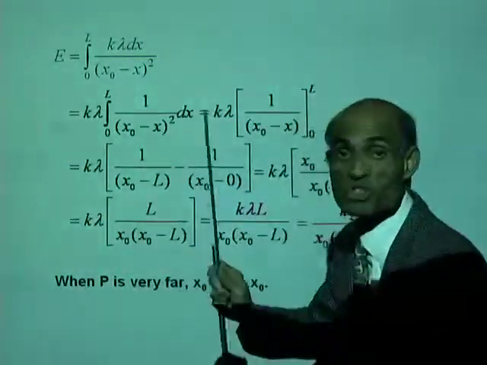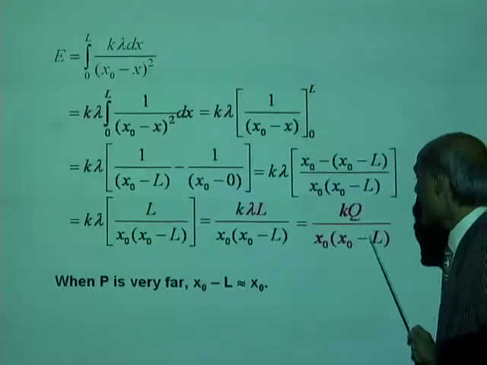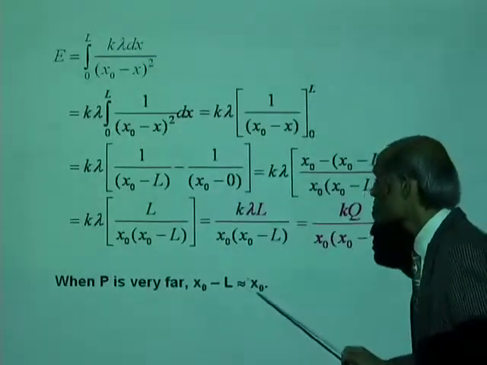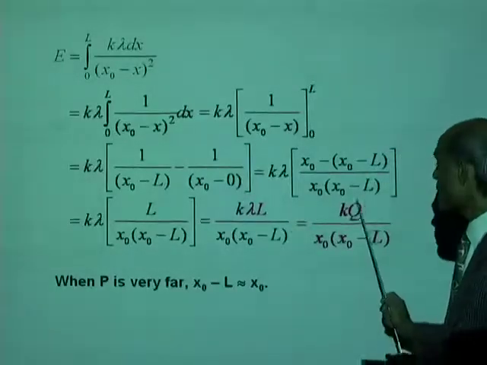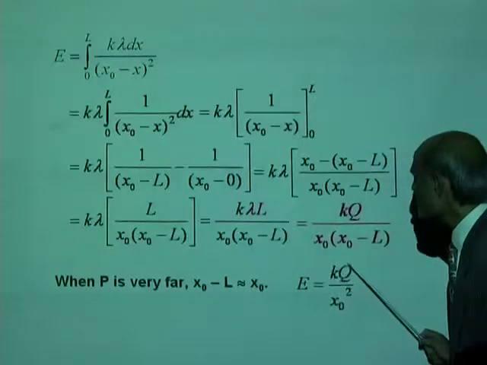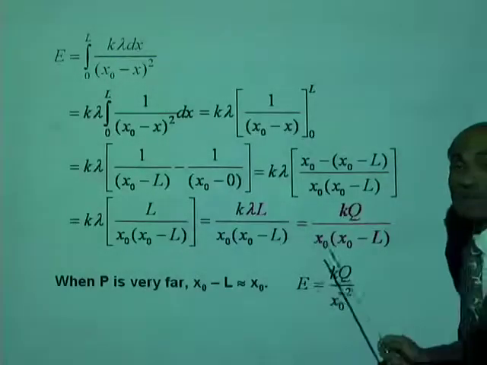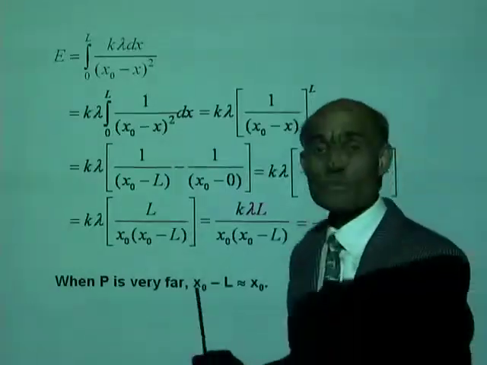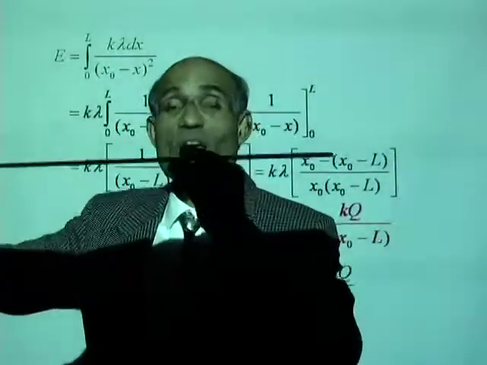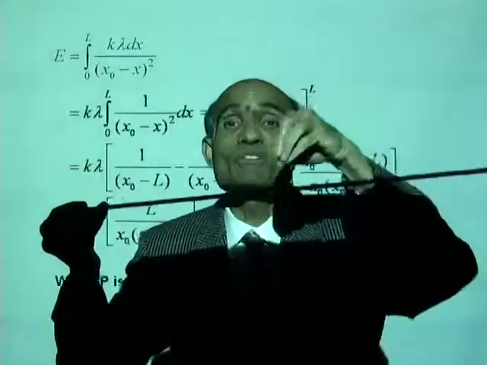So when the distance is very large, x0 minus L can be approximated to be x0. Then this equation becomes E equal to kq over x0 squared. In other words, when the distance is very large, this object will behave like a point charge.